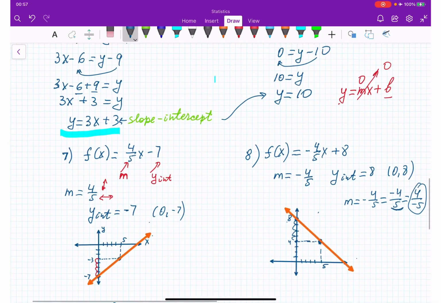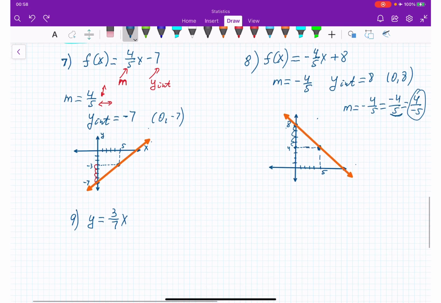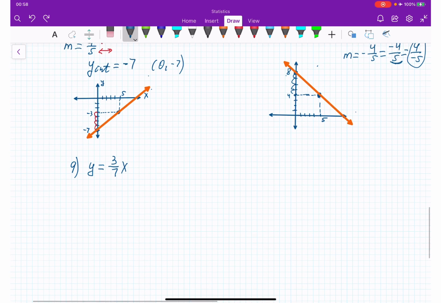Now, previously we had f of x equals, see here also we had f of x, it doesn't matter, f of x and y, it's the same thing, because y depends on x. So don't allow this notation to confuse you. So what do we need to do? Give the slope and the intercept of the line with the given equation. Okay, then the graph. So we're going to do the same thing.